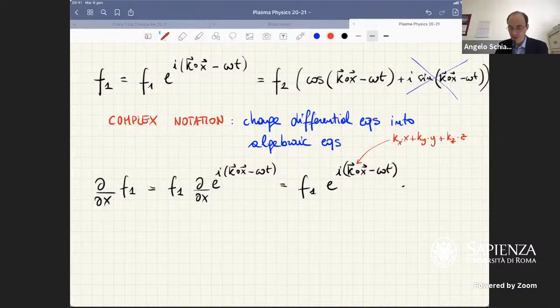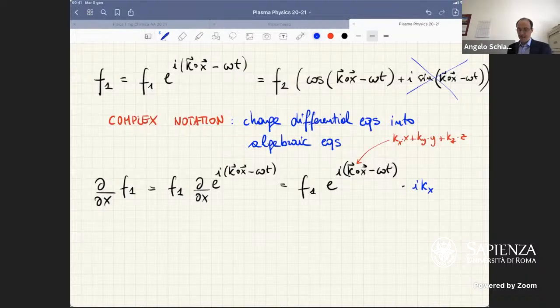When you take the derivative with respect to x, all the other terms, y, z, and t, do not depend on x. So what survives is that we drop one kx factor.